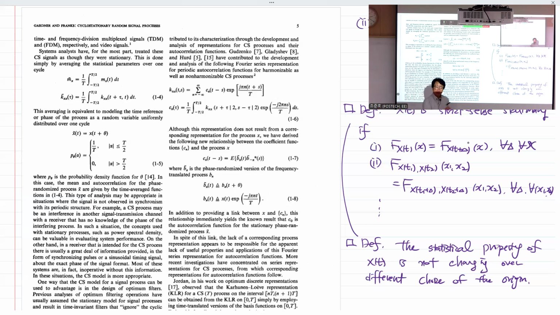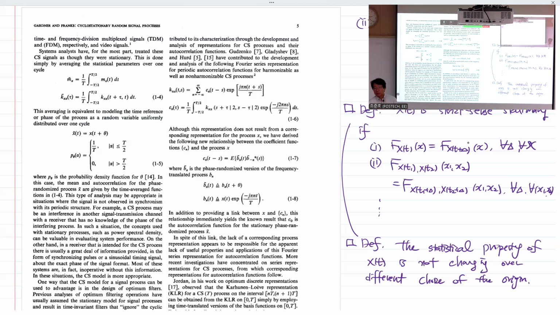Also, the characteristic function exists and is unique. So if I want to be precise, I would rather say joint CDF or joint characteristic function, not joint PDF. But as an engineer, whenever I say existence of joint CDF, you may say, okay, existence of joint PDF. It does not make much difference in engineering sense. So this is the strict sense stationarity of a random process.